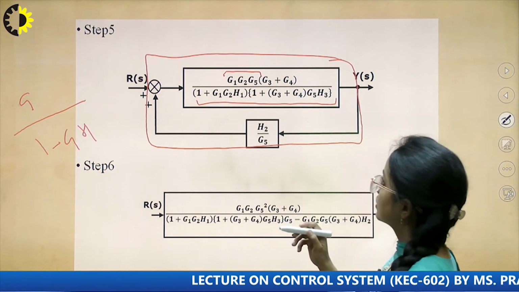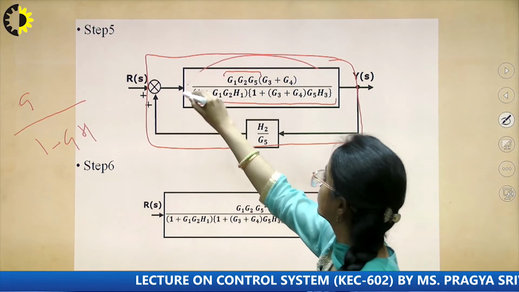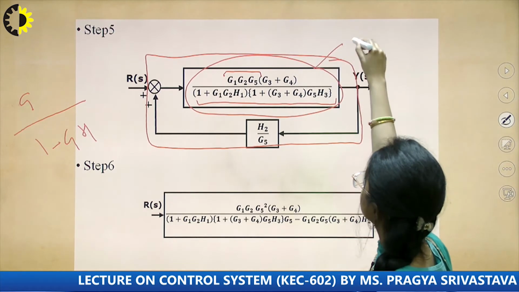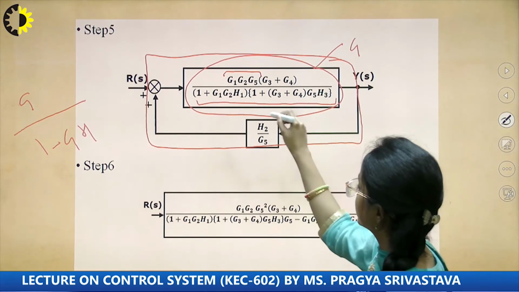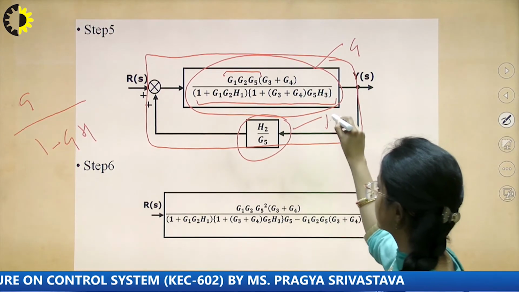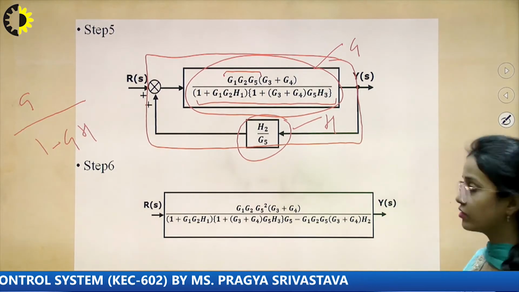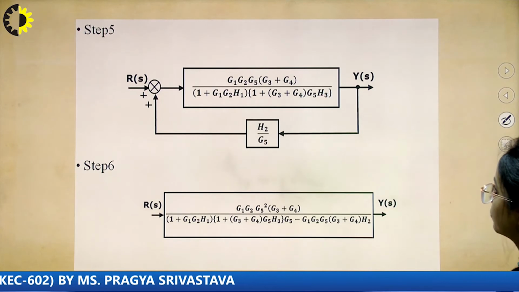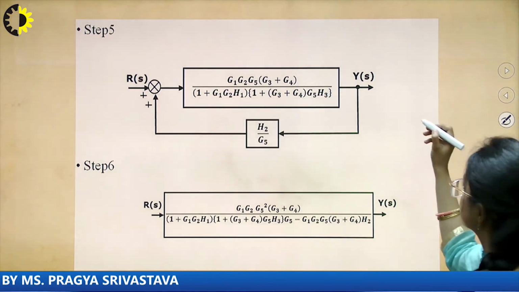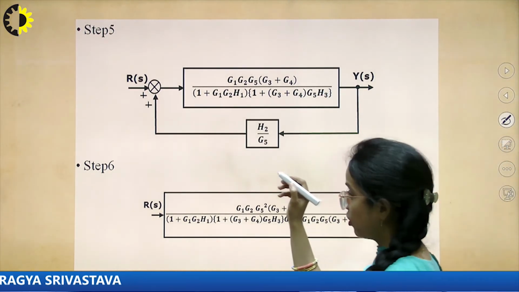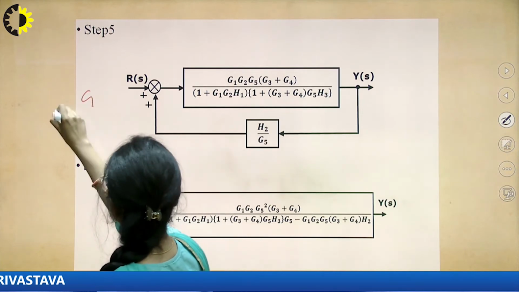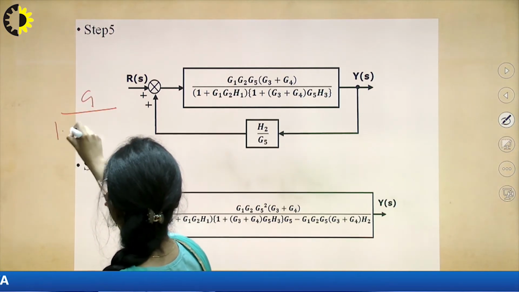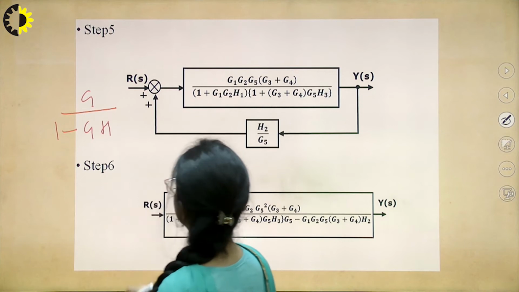So this complete term will be replaced as G, and this complete term will be replaced by H. Solving it mathematically, I am writing the formula here: G upon 1 minus GH.